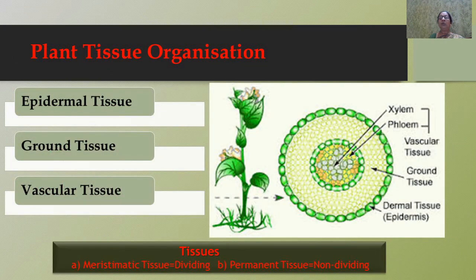Now, regarding the organization of plant tissue, the tissues are organized into three different layers: the epidermal layer, also called the dermal tissue, the second one is the ground tissue, and the third one is the vascular tissue.